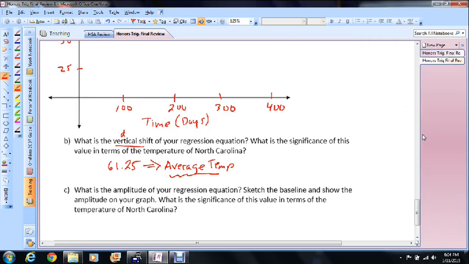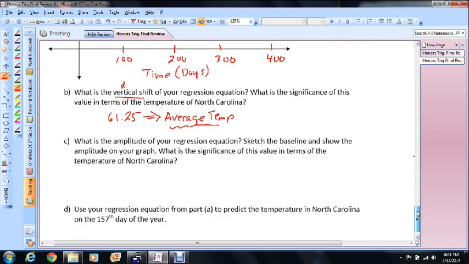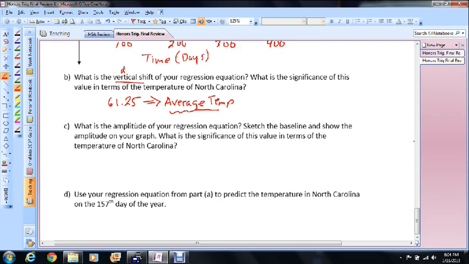Okay, great. So let's go ahead and answer some of the other questions. Finish this up. What is the amplitude of your regression equation? Well, the amplitude is just the number that's in front of the sine. So what's being multiplied by the sine basically tells us how tall the graph is from the center line.